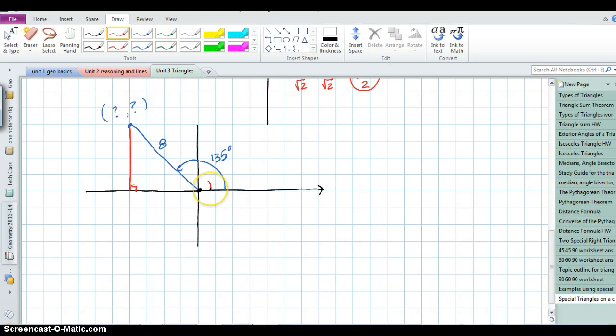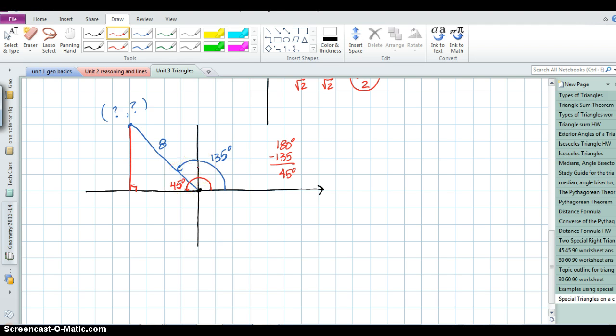I know that the blue angle is 135 degrees. So if I subtract those two, I find out that this angle right here is a 45-degree angle.